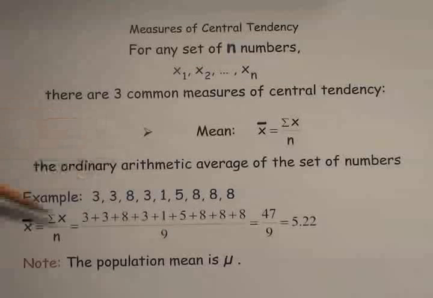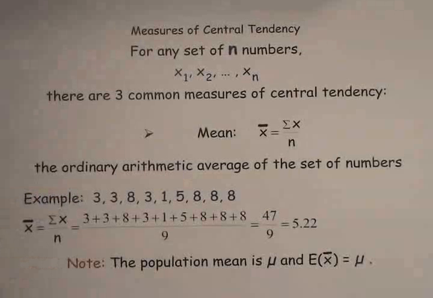In that context, this x bar stands for the sample mean. It's the mean of the numbers in your sample from a larger population, and that population mean is called mu. The Greek letter mu stands for the population mean, and x bar stands for the mean of the sample that was drawn from a larger population.